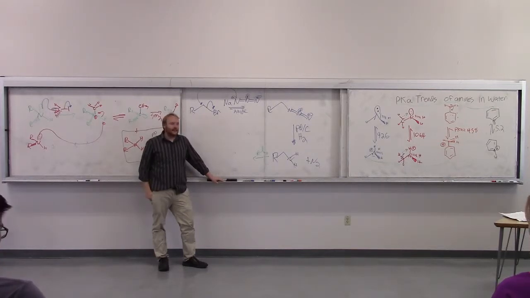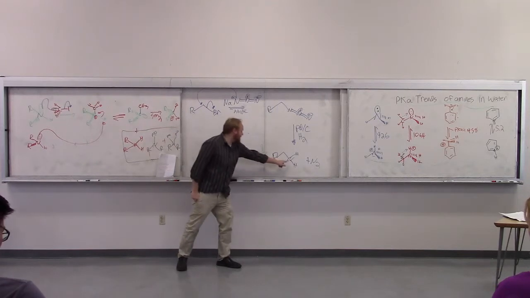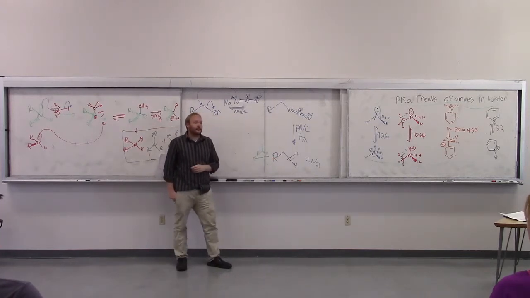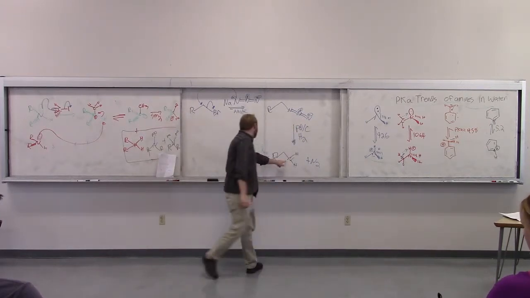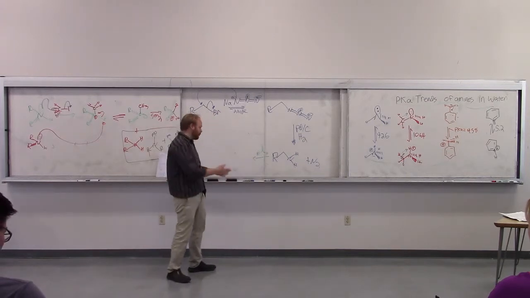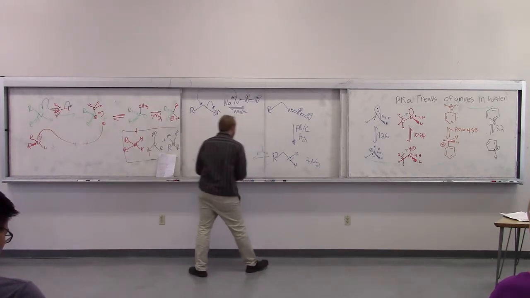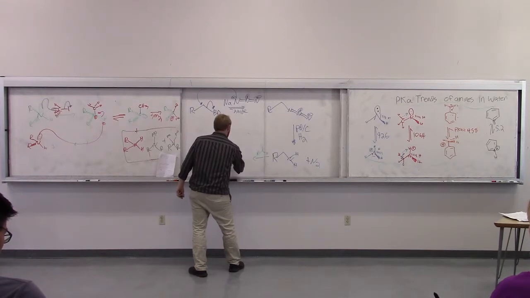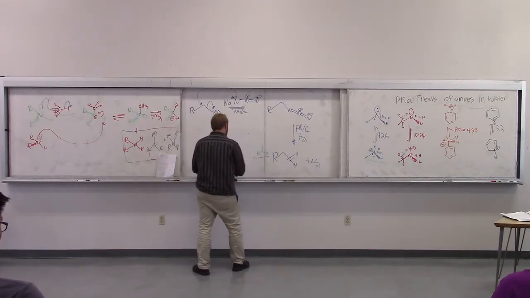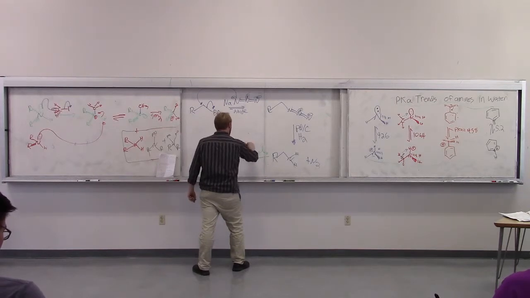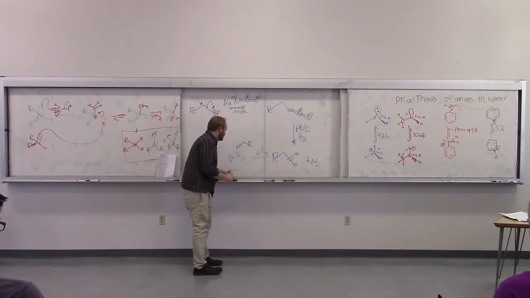An imine, right? The amine's going to condense into the carbonyl to give us an imine. So this is like the first step of the Mannich reaction we talked about on Monday. So the amine is going to add into the aldehyde, kick off water, eventually giving us our imine.